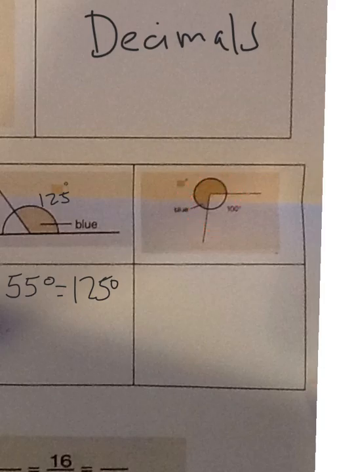We know that there are 360 degrees in a circle. And if we are given this angle of 100 degrees, we would subtract that from 360 degrees to figure out the missing angle. 360 degrees minus 100 degrees would be 260 degrees.